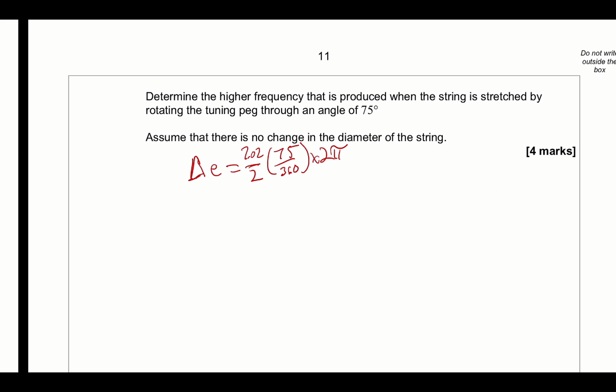That's just to get the arc length. Okay, that was 4.6 millimeters.